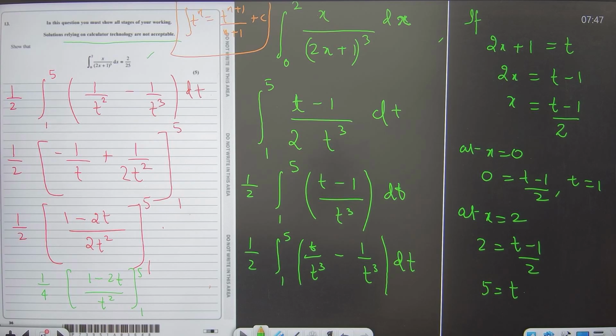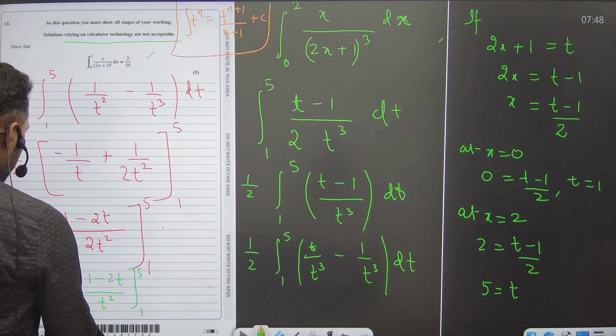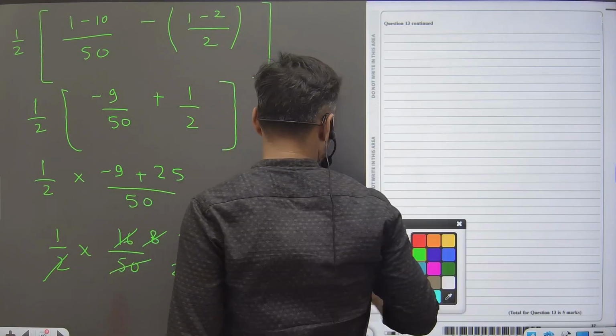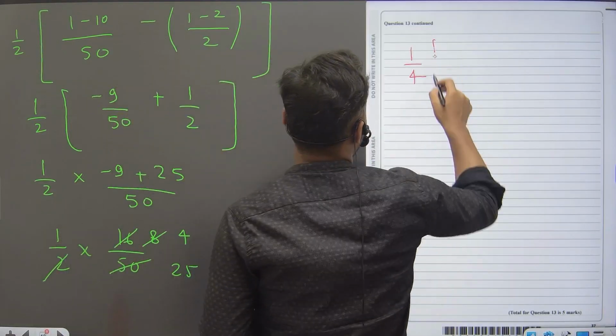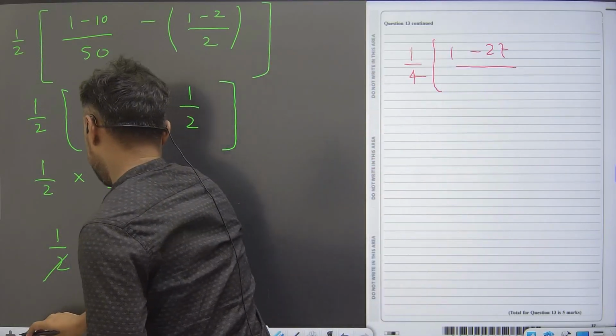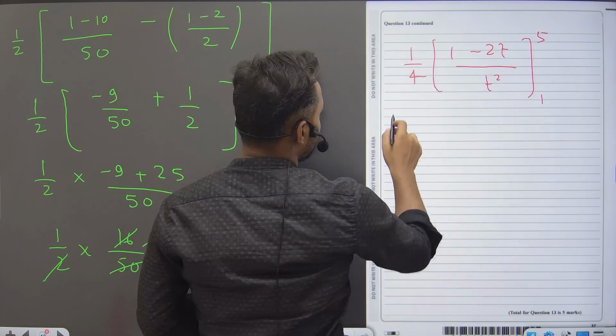So it will be 1 by 4, 1 minus 2t upon t square, limit is 1 to 5.